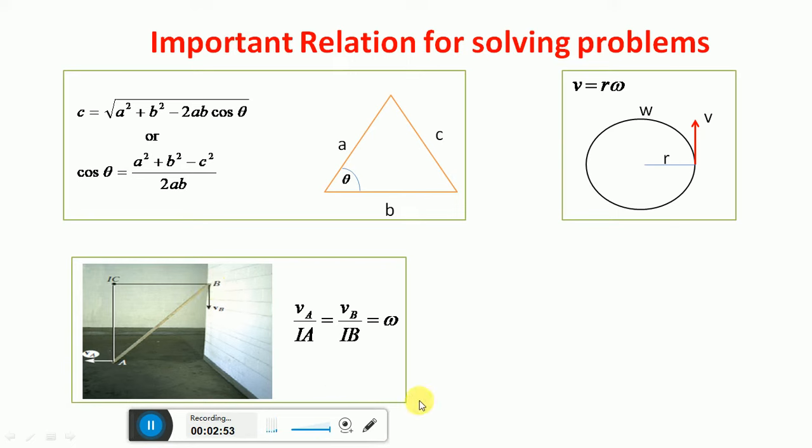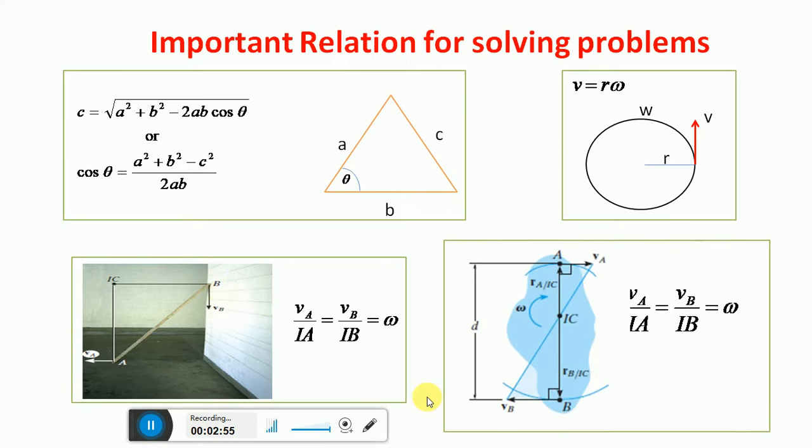Now in a similar case we can apply this here also. There is a particle A moving towards the right and particle B moving towards the left. For this case we found the I center, which is IC. So we can apply this relation: VA, the velocity of particle A, divided by IA, its distance from the center of rotation, will be constant and equal to omega.